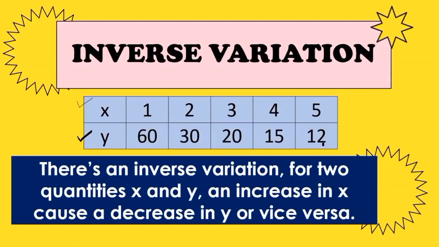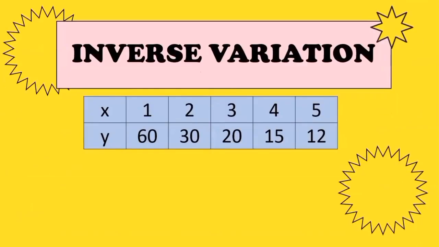In direct variation, they are both increasing. In inverse variation, if one is increasing, the other one is decreasing, or if the other one is increasing, the one is decreasing. See the difference between the two variations? Next.